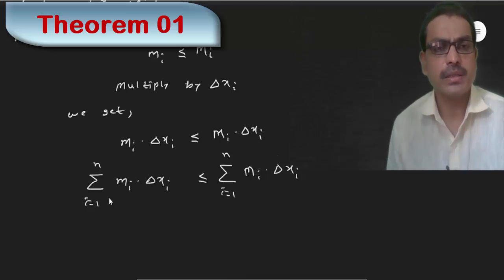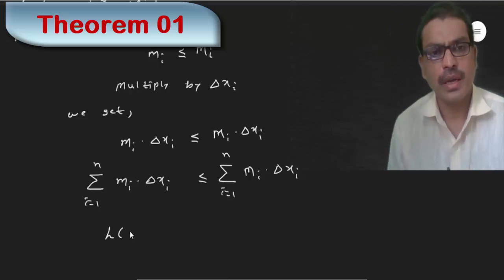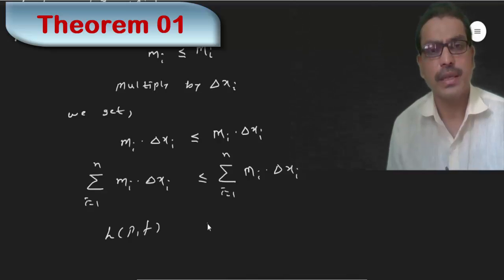But here the summation of mi into delta xi is the definition of the lower Riemann sum. That is, the lower Riemann sum L(P,f) equals summation of mi into delta xi, i from 1 up to n, which is less than or equal to summation of Mi, the least upper bound, into delta xi, i from 1 up to n.